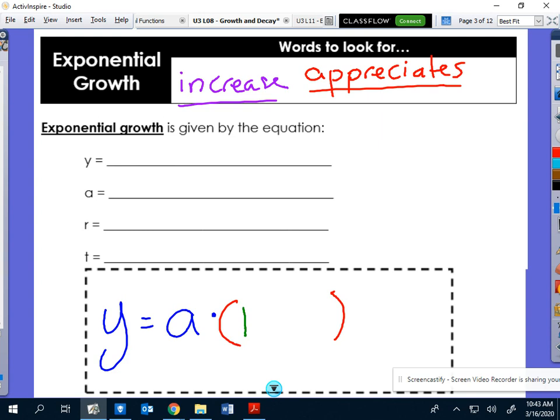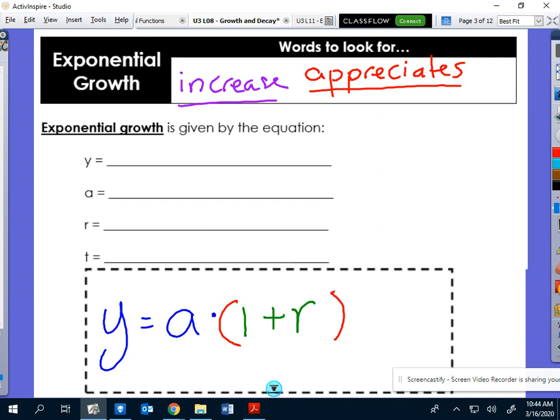So if this was Ardrey-Kell, that number one is preserving the starting amount of students. It's including that number of students in the Ardrey-Kell. And then because that number of students is growing at Ardrey-Kell, we are going to add to it, right? Because it is growing, we are going to add to it. And we add to it based on a certain rate. So that's the letter R.